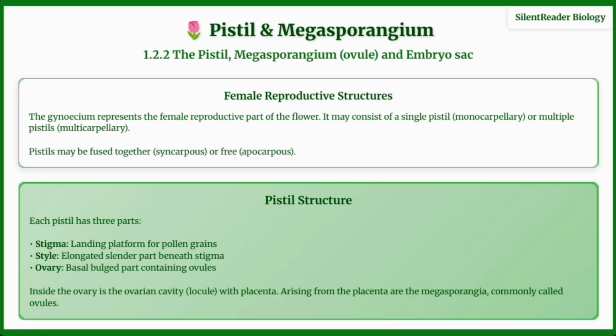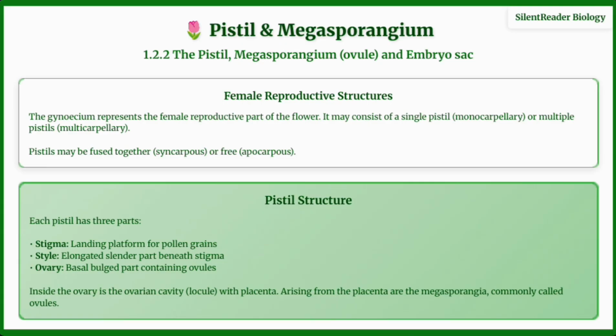Each pistil has three essential parts: the stigma that serves as a landing platform for pollen grains, the style which is the elongated slender part beneath the stigma, and the ovary which is the basal bulged part containing ovules. Inside the ovary is the ovarian cavity with placenta, from which arise the megasporangia, commonly called ovules.